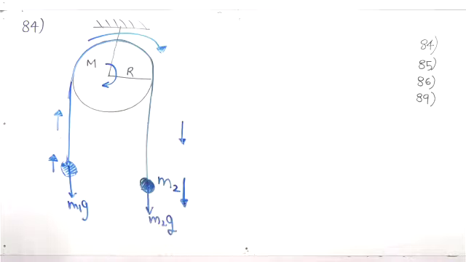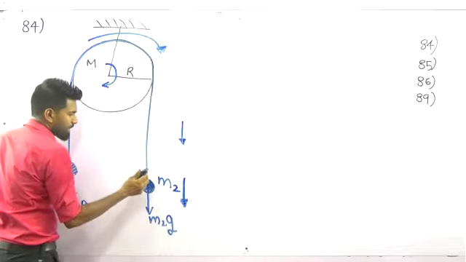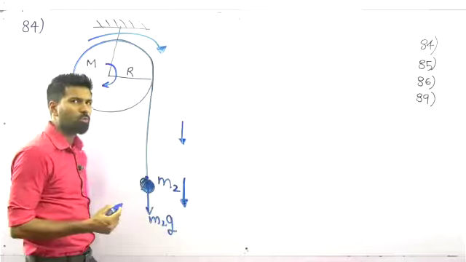Weights were marked M2G, M1G, then the tension of the string. How to mark the tension?